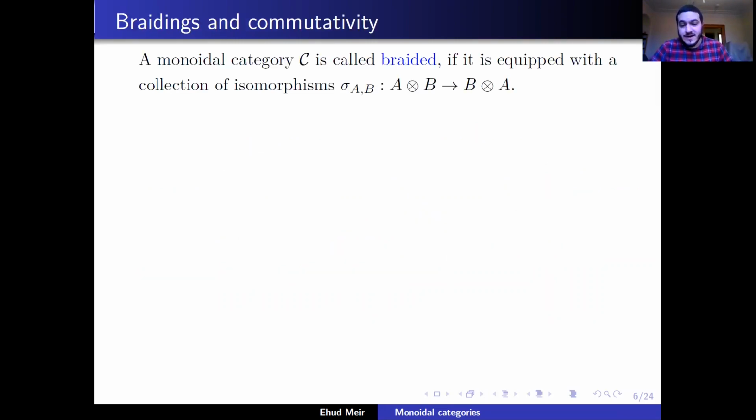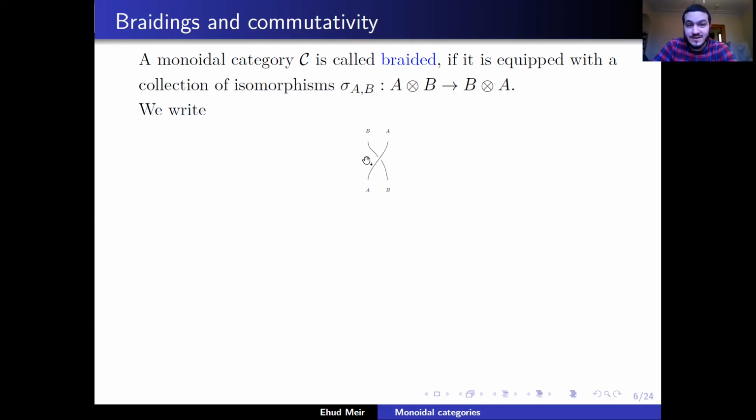Okay, now, so we spoke about monoidal categories, and a monoidal category is called braided if it is equipped with a collection of isomorphisms, sigma AB from A tensor B to B tensor A. And as before, they should satisfy something.